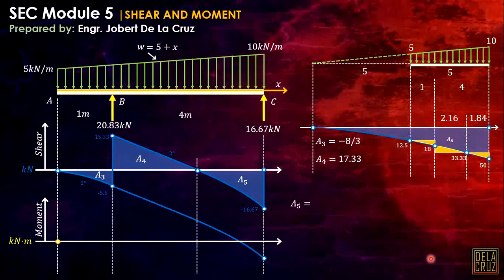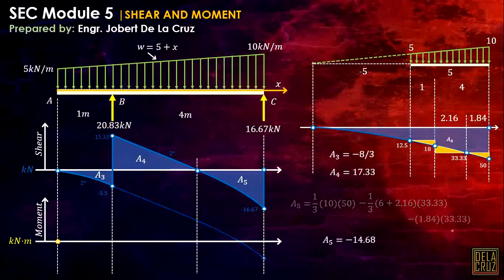The whole spandrel is 1/3 of base, which is 6 plus 2.16, times height 33.33, then minus the rectangle, 1.84 times 33.33. And that is our area 5.